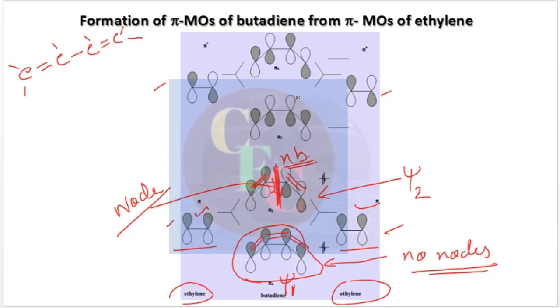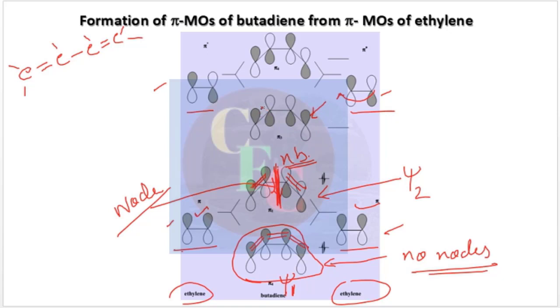Okay. So the next higher one, if you consider the constructive interference of the two anti-bonding orbitals. Now you see what is there. Suppose you invert it sidewise, right? If you rotate it like this and put it here, then you will get something like this.